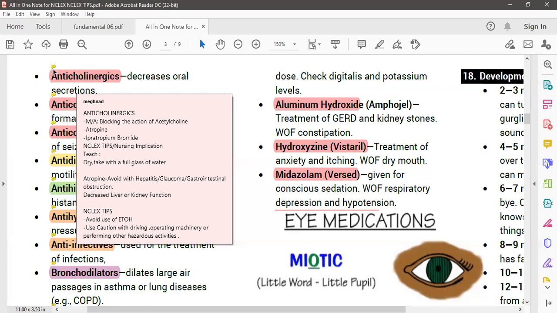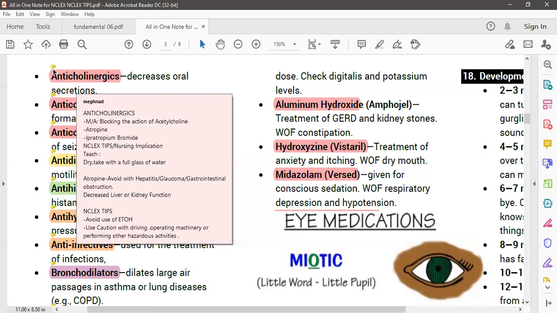Ipratropium bromide can cause mydriasis, meaning dilatation of the pupil. It can cause hypotension or palpitation, urinary retention, tachycardia, or bronchospasm.